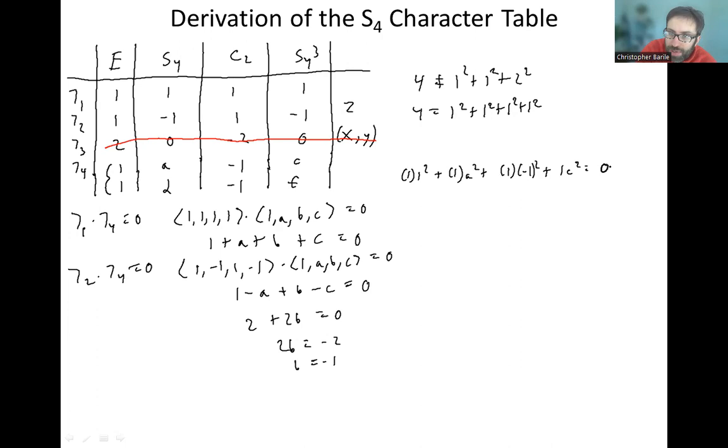Okay, all that is going to be equal to 0. That's what our rule says. So in other words, this turns into 1, this turns into 1, and so 2 plus a squared plus c squared equals 0. And so a squared plus c squared equals -2.